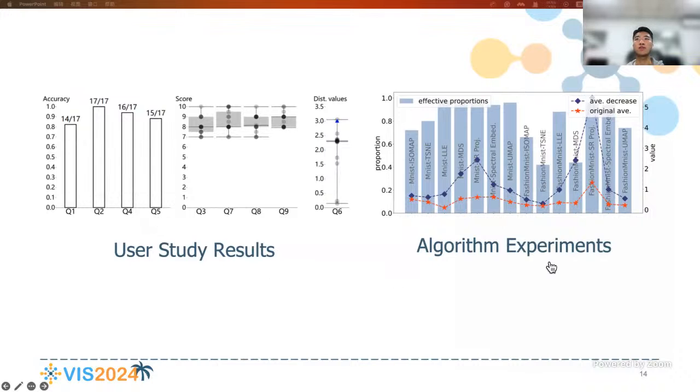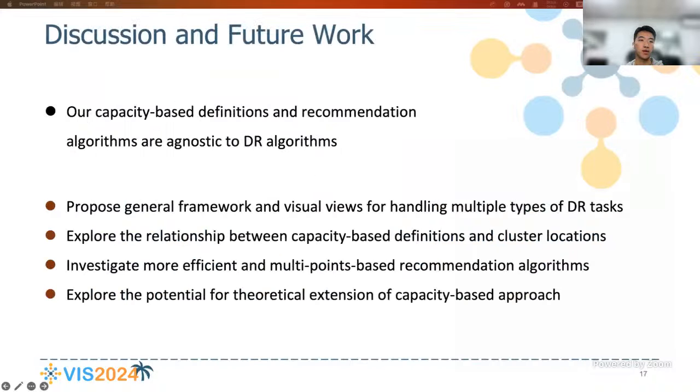And in the algorithm experiments, we can see that for a large number of data sets, the proportions of the distortion were largely decreased by the user interaction. So our system and algorithm enhance users' understanding. And please refer to our paper for the details about the evaluation.